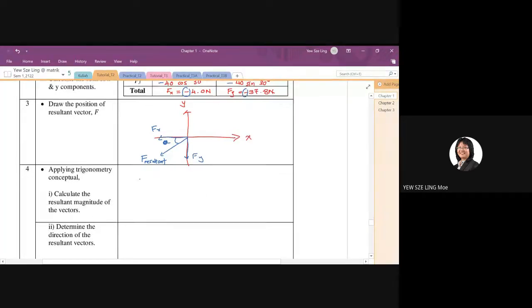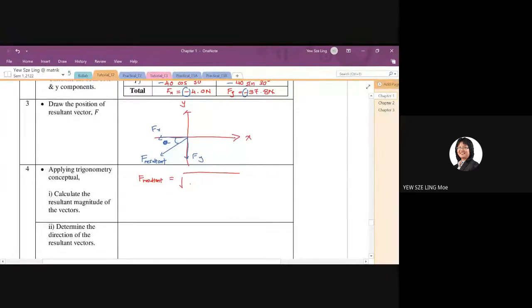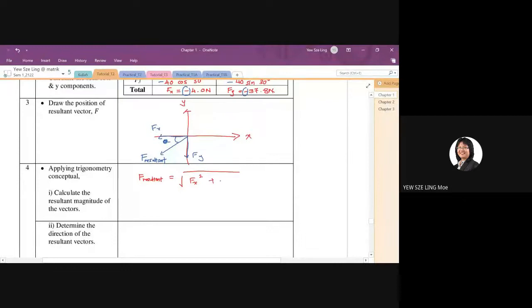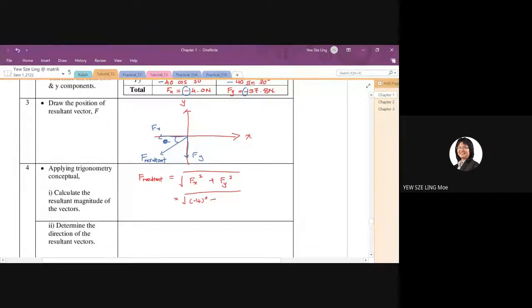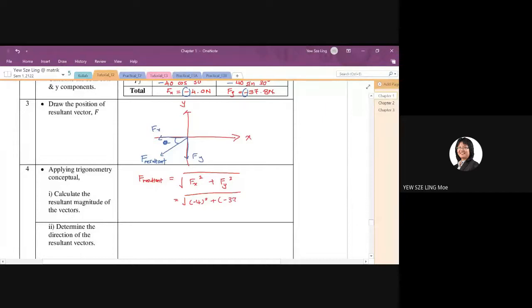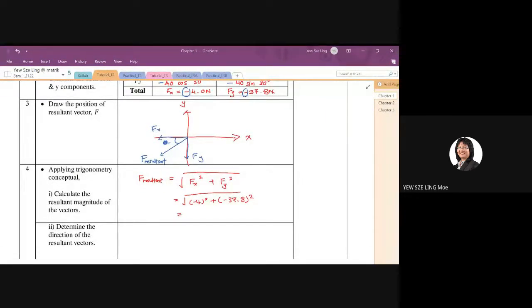So F resultant, always remember this formula. It is equal to the square root of x component squared plus y component squared. So what we are going to have is the square root of negative 4 squared plus negative 37.8 squared, which then equals positive 38 Newton, because we are looking at magnitude.